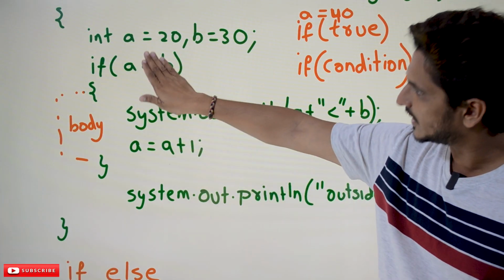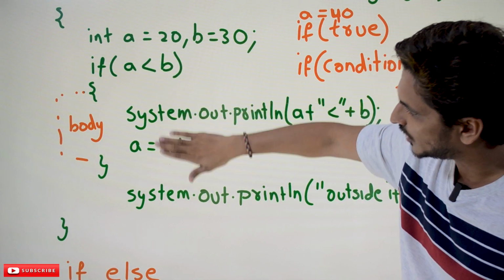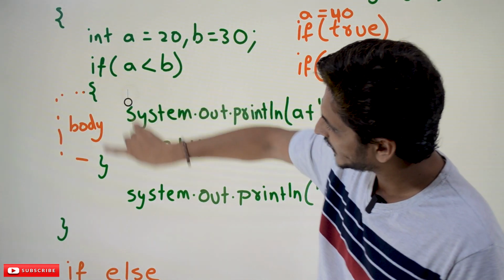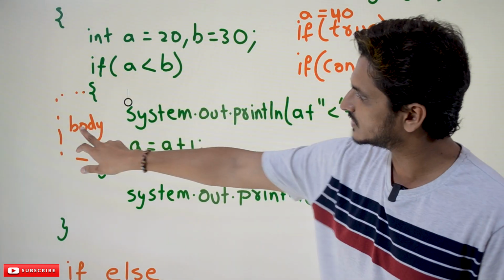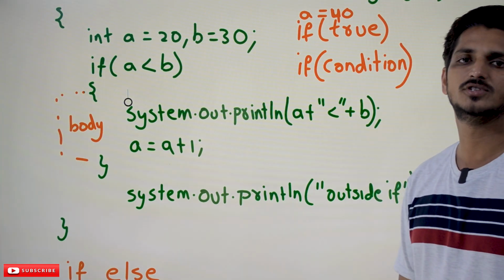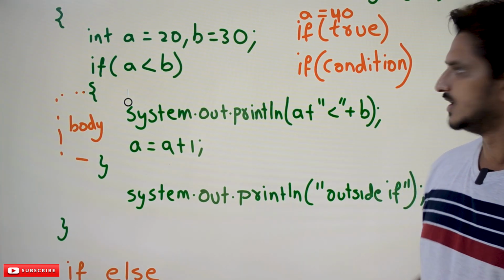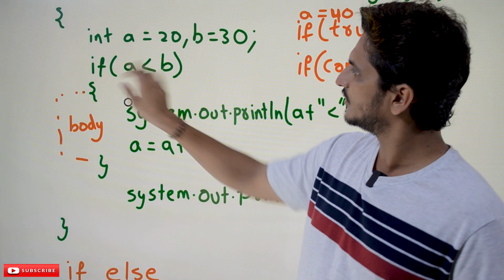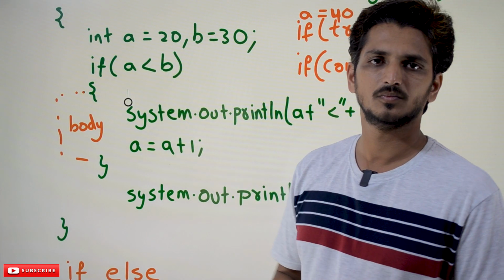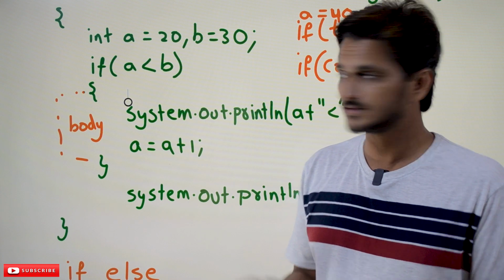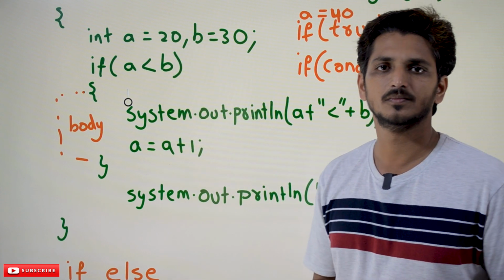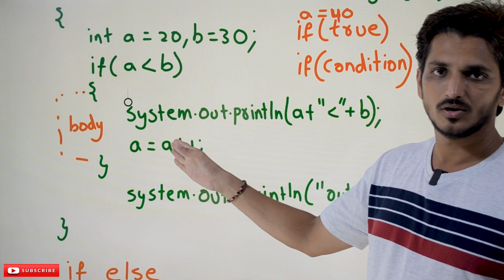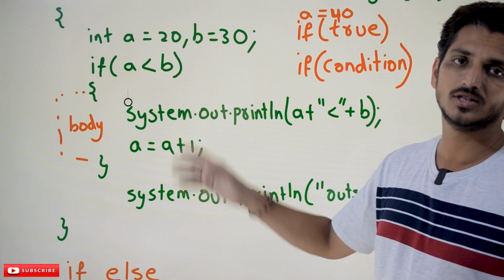If the condition is true, execute this body. If you simply write true, it will consider the condition as true, go into the body and start executing it.